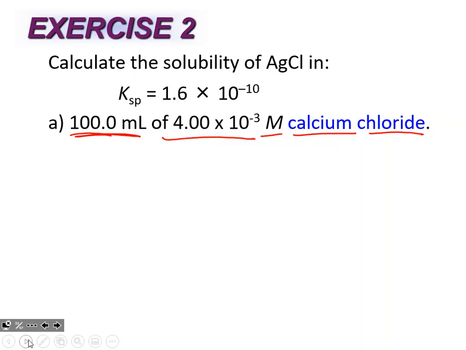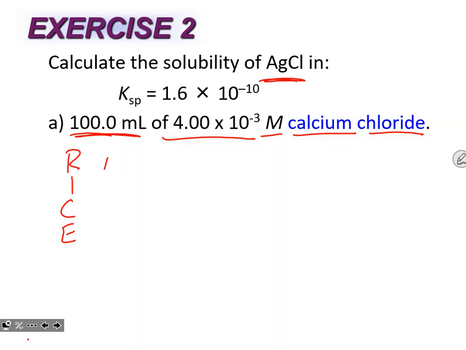So looking at this particular one, we're going to set up the RICE table. In this common ion effect problem, we're going to need a RICE table, so set it up. We're looking for the solubility of AgCl, so this is our reaction.